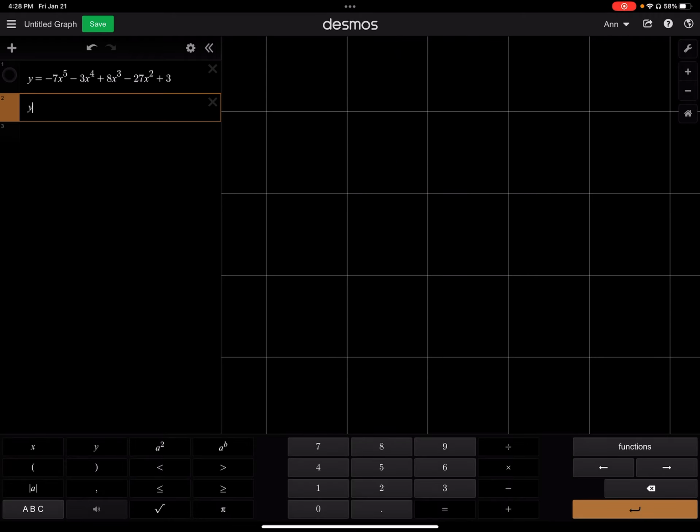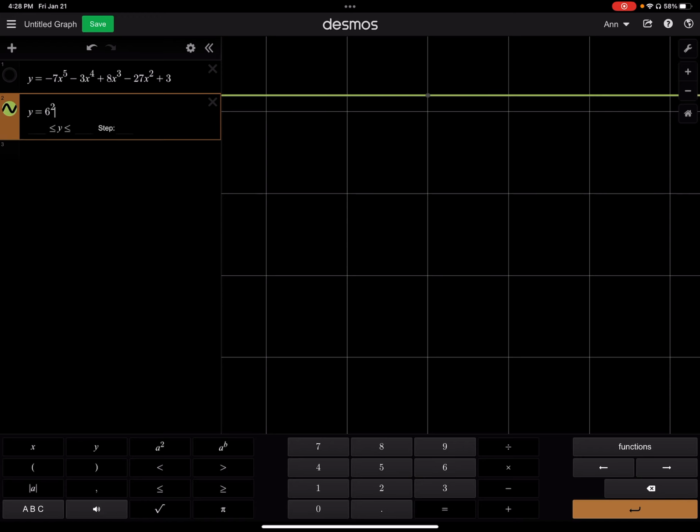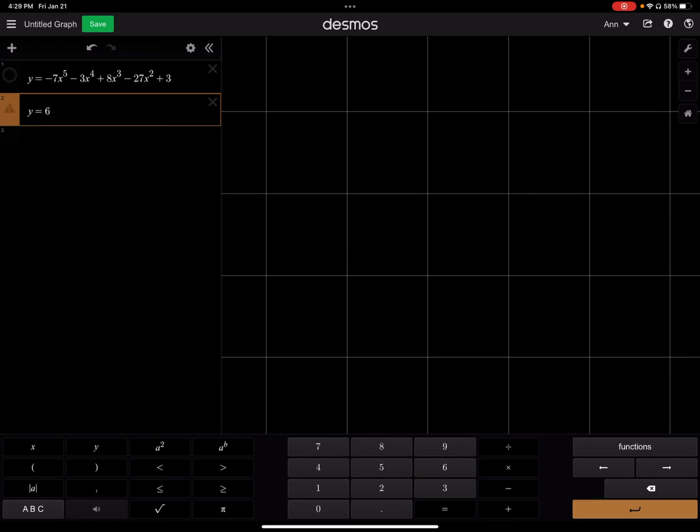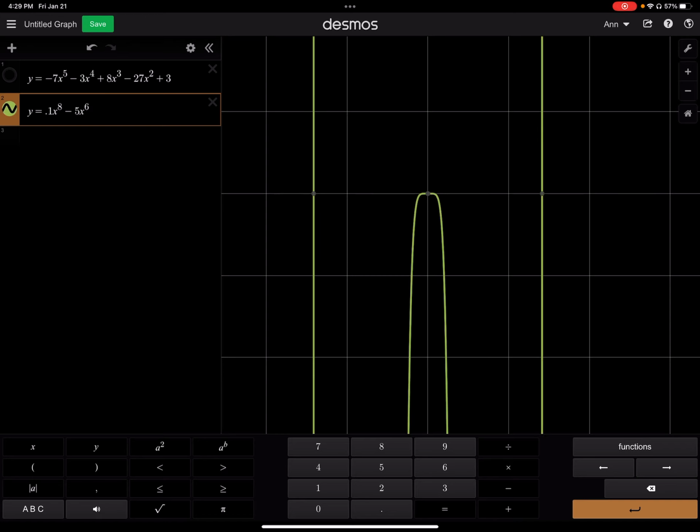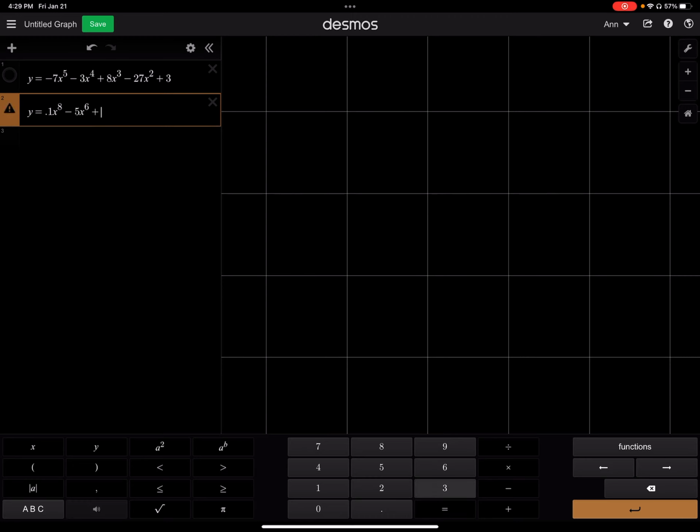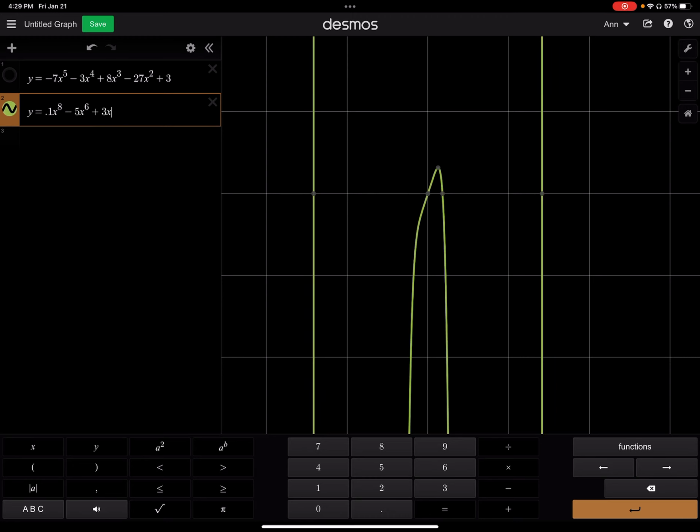Okay, let's try another one. Let's make it more interesting. Let's make it 0.1x to the 8th power minus 5x to the 6th power plus 3x plus 3.